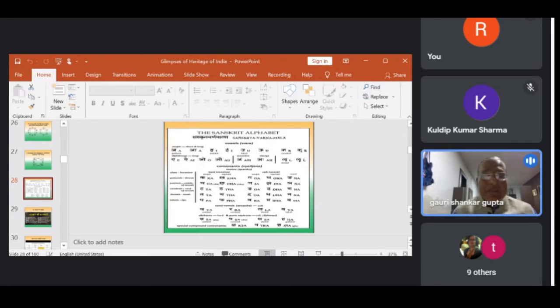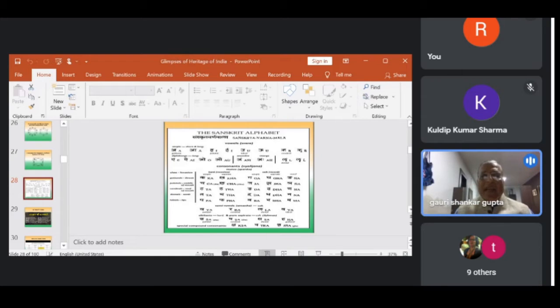Now you will see here, even the sounds of consonants and the vowels are highly systematic. For example, K varg. When you speak K varg, your tongue and the upper part of the mouth will have a specific place where they meet.